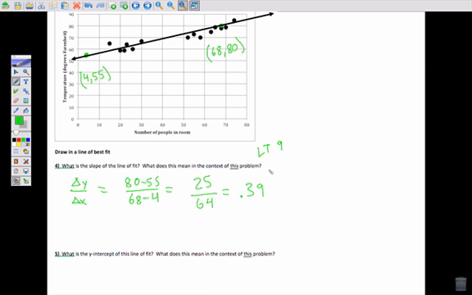For what this means in terms of the problem, you can look at it one of 2 ways. You can say that the change in y, again, y is temperature, so you can say the temp increases 25 degrees for every 64 new people.